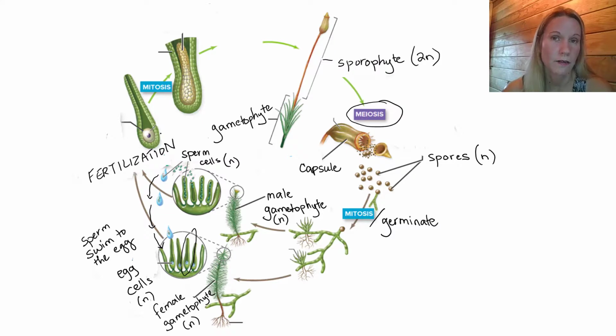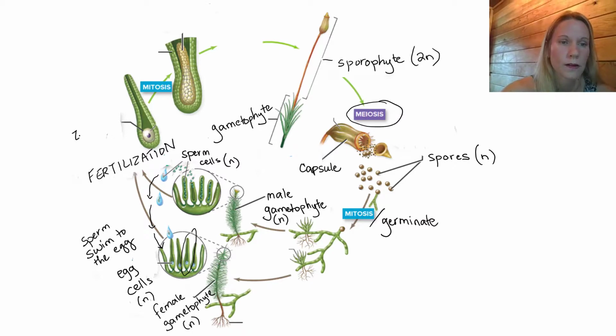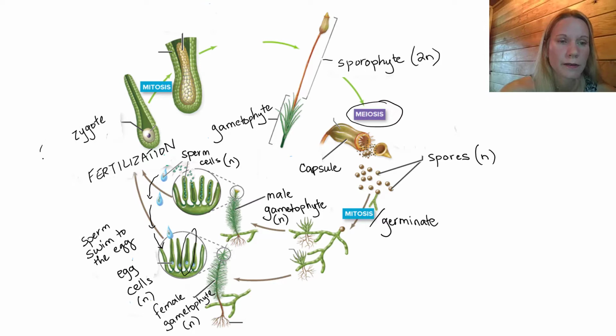It's trying to show you that fertilization occurs inside of the female gametophyte as the sperm joins the egg. Now what do we call this cell? Right, we call it a zygote. Haploid or diploid? The zygote would be diploid.